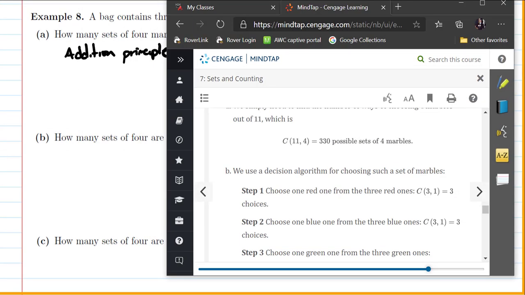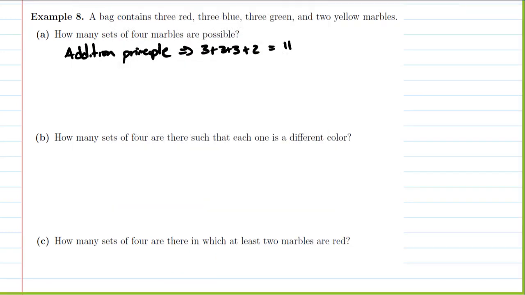So now we have to ask ourselves, does the order matter? No, right? Because these are going to be unordered sets. If I have red, blue, green, red, that's going to be the same as red, red, green, blue, right? In the end, we just care about what we have present, how many of each, right? So this is going to be a combination.